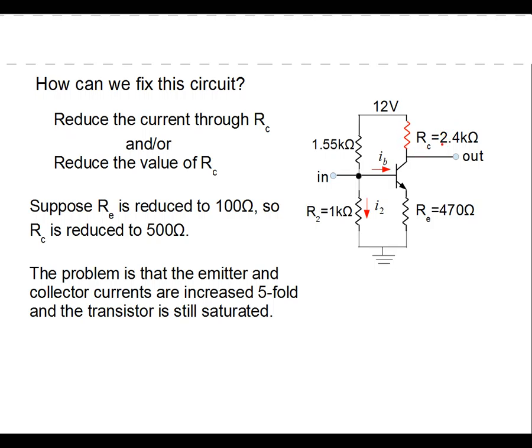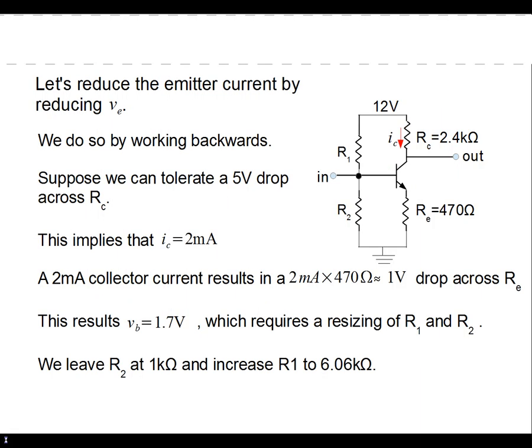So if I put in 500 ohms, and also make the emitter resistor 100 ohms, so I get a ratio of 5, we would think that it would work. But all that does is increase the current through this transistor by a factor of 5, and as such, it doesn't change the potential drops. So this won't work. So we can't be more clever.